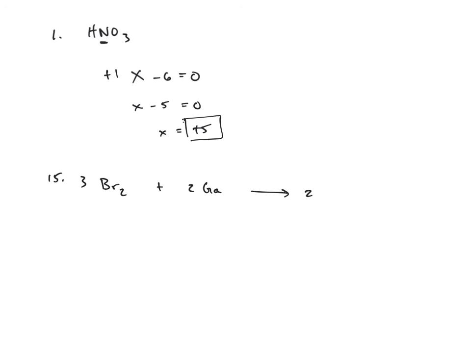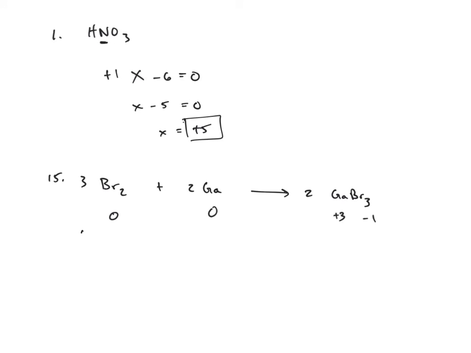Giving you 2 gallium bromide. This is elemental bromine. It's got an oxidation number of 0. Elemental gallium by itself, oxidation number of 0. Now it's in a compound. All right, bromides in compounds are each -1, and gallium in this compound has to be an oxidation number of +3 because it's bonded to 3 bromides.